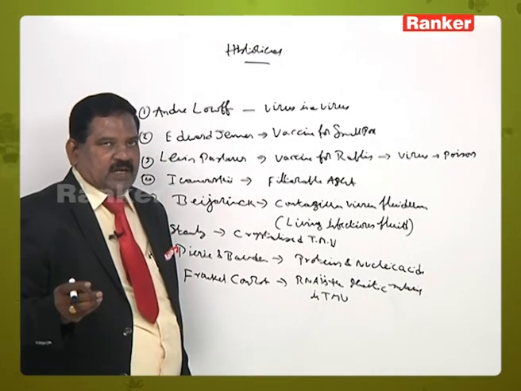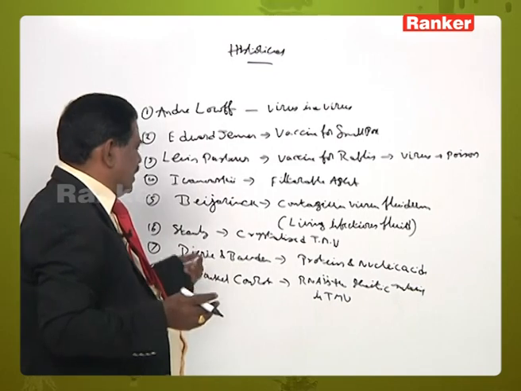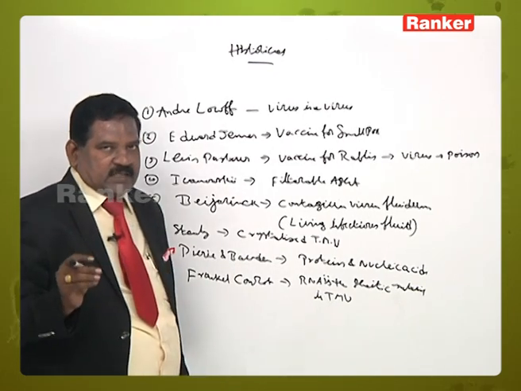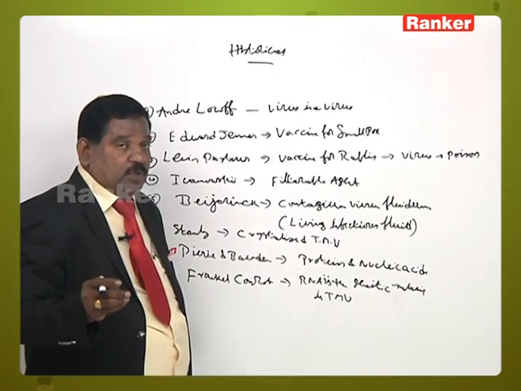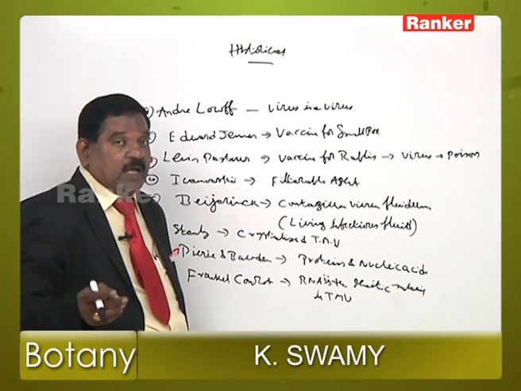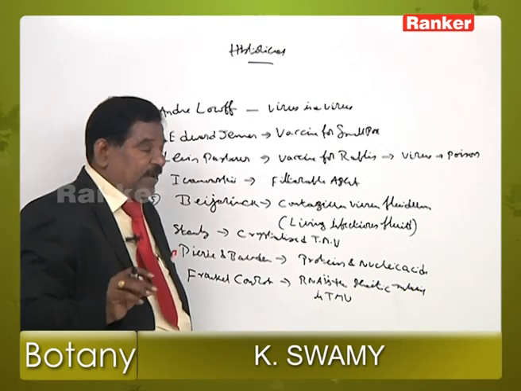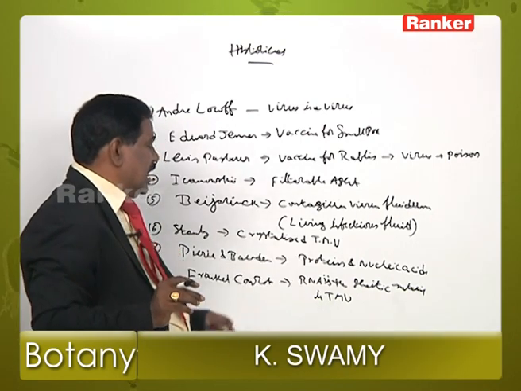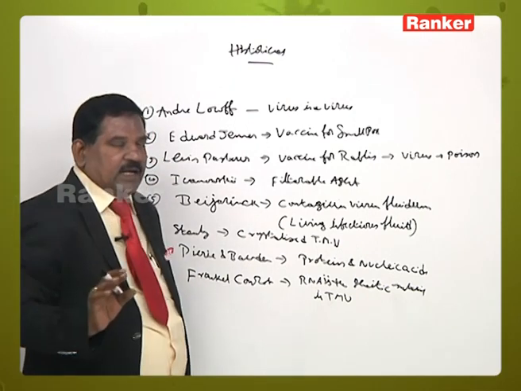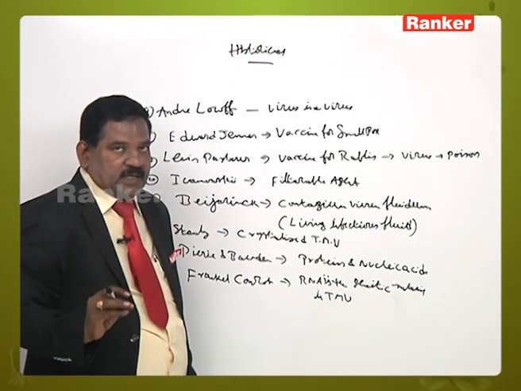Chemical analysis of virus was first carried out by Bawden and Pirie, who stated that viruses are nucleoproteins composed of proteins and nucleic acid. That the nucleic acid in tobacco mosaic virus is RNA was first stated by Fraenkel-Conrat. These are the historical events.